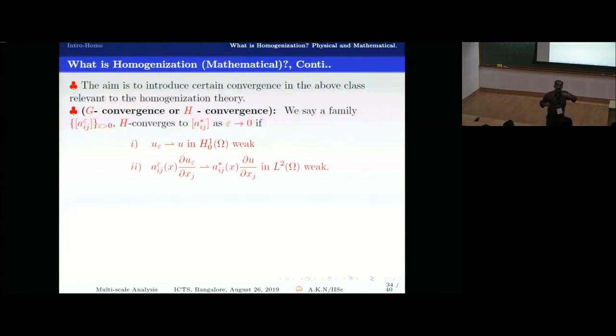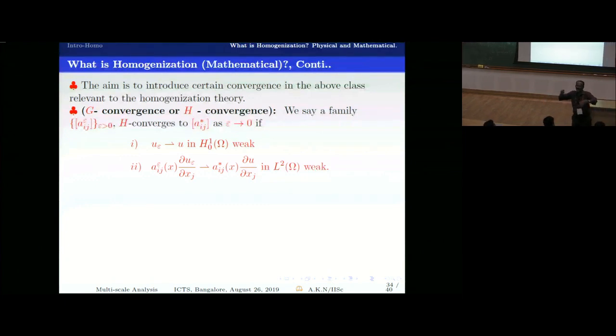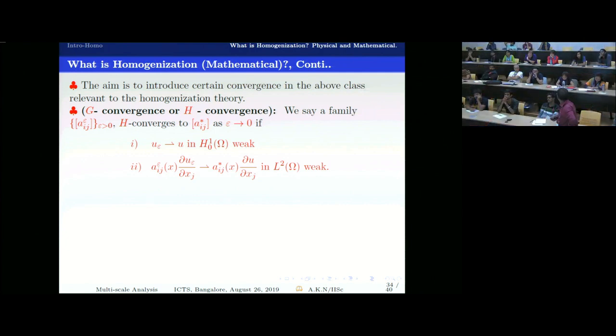That's a problem, so I do not know whether it will have a limit or not. But if there is a limit such that the corresponding PDE converges to the PDE, then I say that convergence is H-convergence, which Patricia will introduce soon. The solution should converge; essentially the PDE will converge.